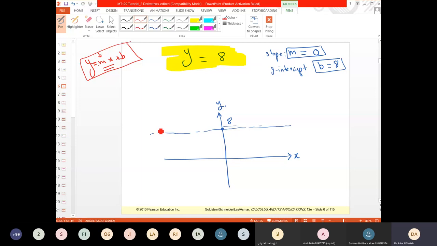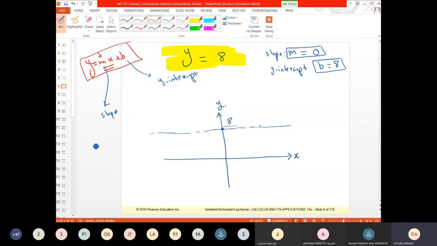Now you will see some examples later on. I just want you to understand now. If you have a look at such an equation, m is the slope and b is the y-intercept. What does the y-intercept mean? Where I cut the y. What does the slope mean? Whether the line goes up, goes down, or is horizontal.